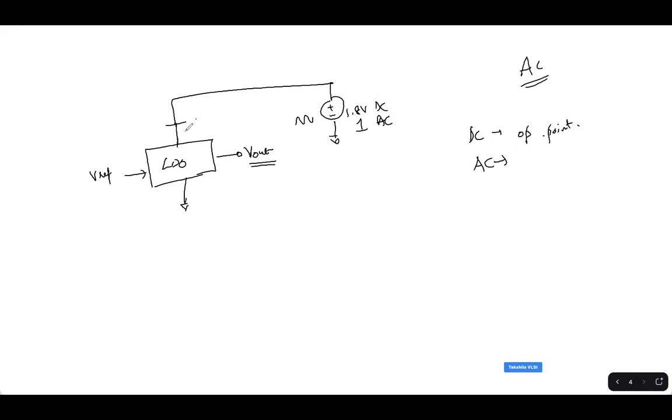Then it sees, let's say 1 volt peak to peak is applied at the supply, how much of it is really appearing at Vout. So you plot Vout in the results browser. You will see a curve more or less like this, which is the PSRR plot that we saw. So you have to run an AC by giving AC equal to 1 for the supply only.